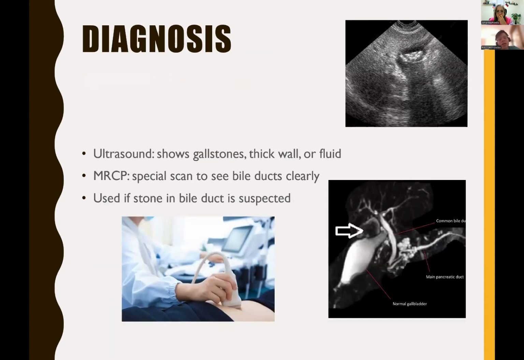What is the diagnosis? The diagnosis is by imaging tests. The first imaging test is ultrasound that can show gallstones and thick wall or fluids. For example, in this image, we can see a gallbladder.